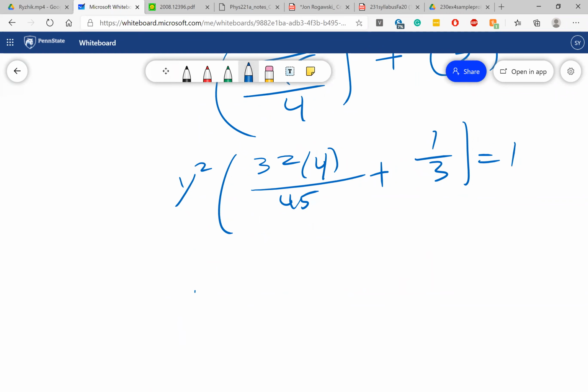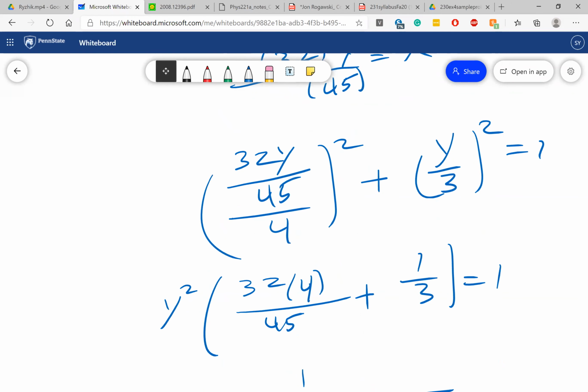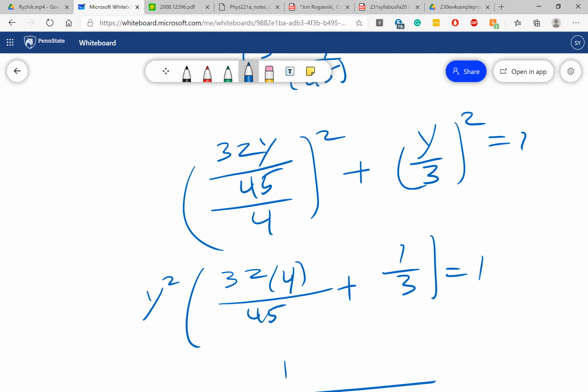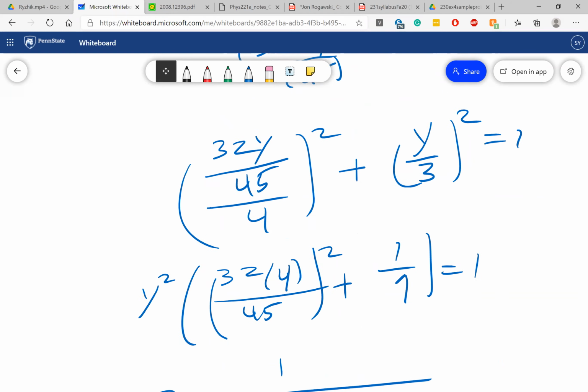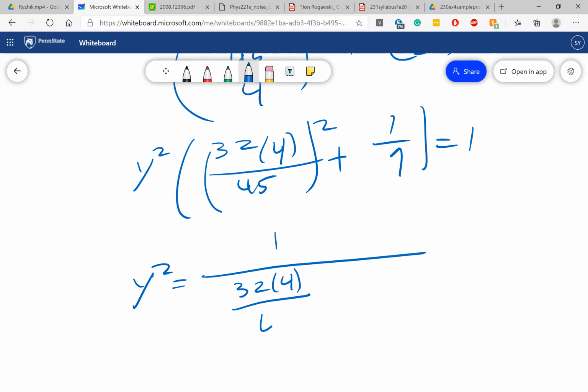Or in other words, we get y squared is going to be equal to 1 over 32 times 4 over, oh, sorry, these are also squared. Yeah, so this is squared. This over here is squared, and this is going to be 1 over 9. So this is 1 over 32 times 4 over 45 squared plus 1 over 9.